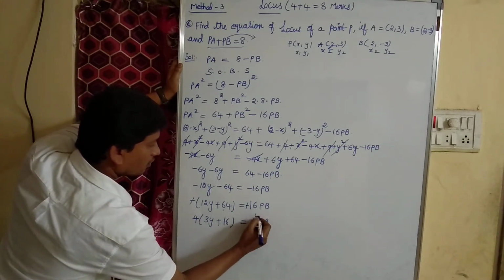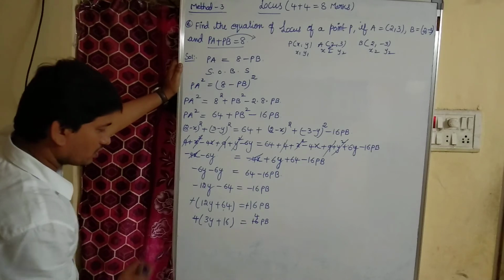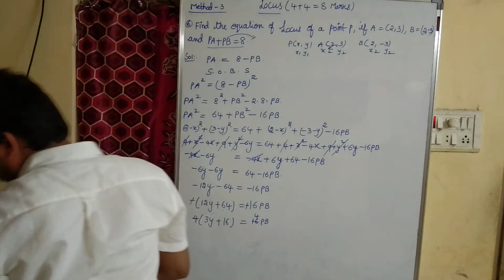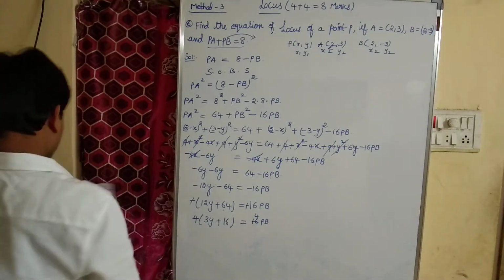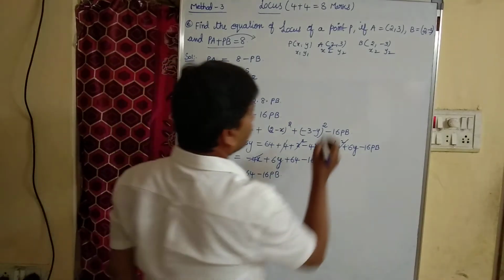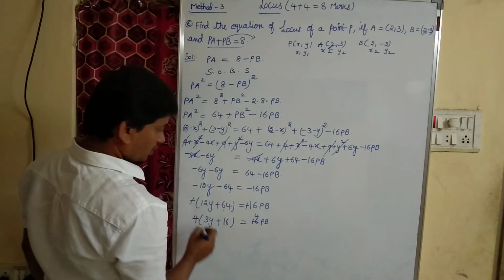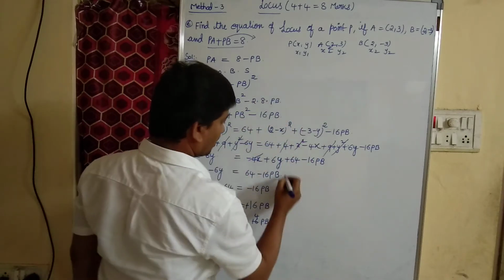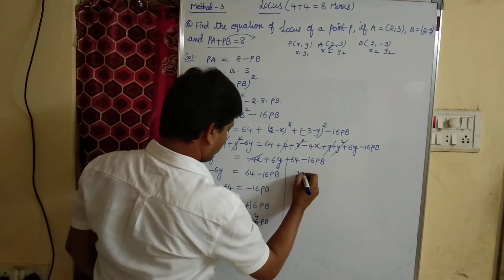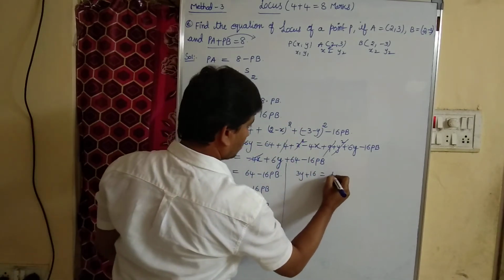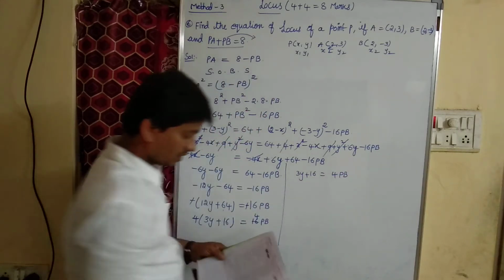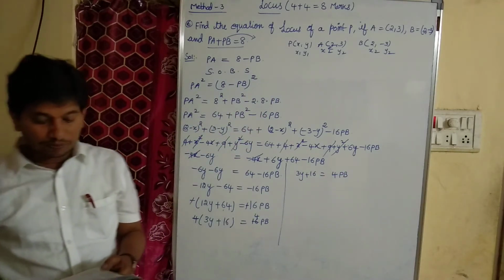Again 4 table: 4 1s are 4, 4 4s are 16. So what we got? We got 3y plus 16. Yes, correct, we got 3y plus 16. Let us write here 3y plus 16 equal to 4 PB.